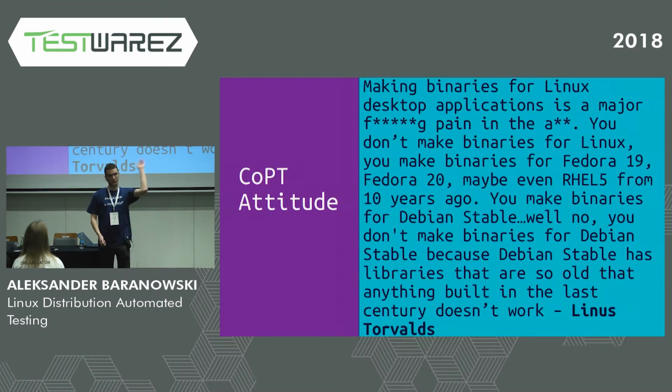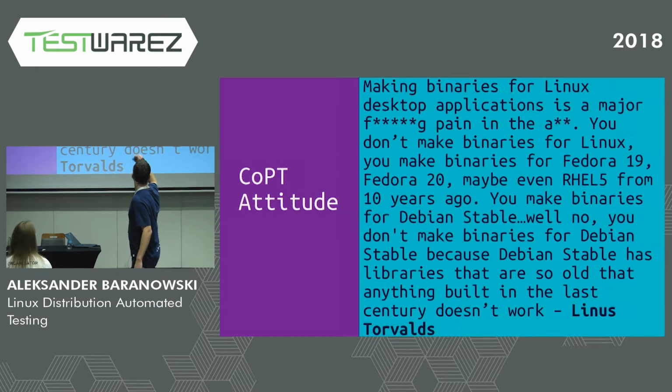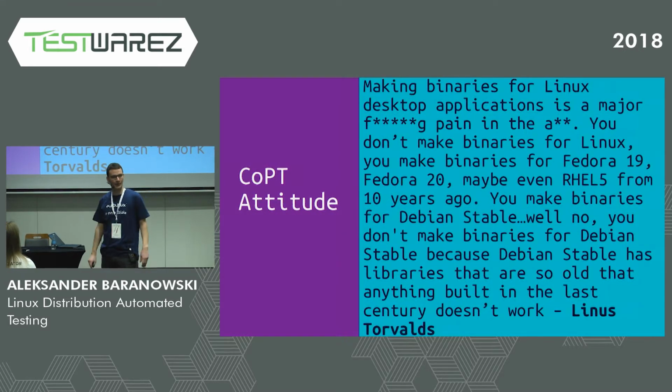So, of course, some people might say, Alex, wait. He talked about desktop applications. But if you dig a little bit, it's not the problem with desktop applications only. It's the problem of the whole Linux ecosystem.